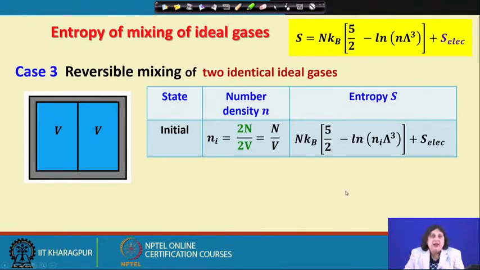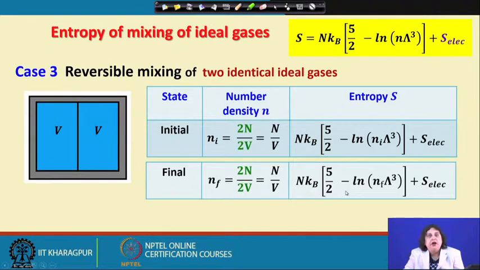Now, when I allow the reversible mixing under isothermal condition, what is the final density? The final number density once again is N by V, and therefore, the Sackur-Tetrode equation correctly predicts that the delta S in such a case is going to be equal to 0. And therefore, you once again see the importance of the appearance of the capital N term inside the log, and unless you have that correction, it is not possible to reproduce all this information.